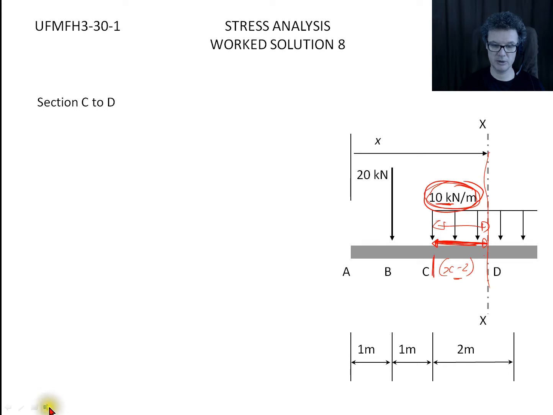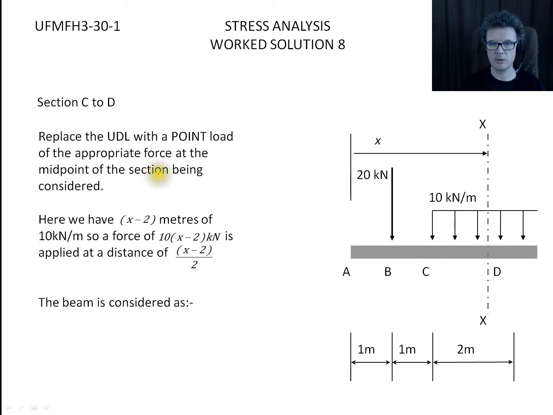So let's see if we do that. We're going to replace the UDL with a point load of appropriate force at the midpoint of the section being considered. Right, so what are they talking about there? To replace the UDL with a point load of appropriate force at the midpoint of the section being considered.